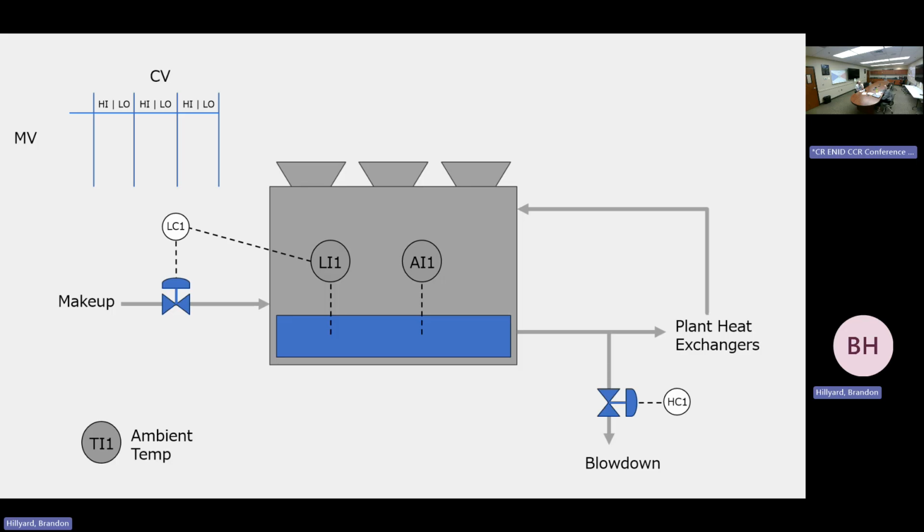Anyway, ambient temperature's on there. Ambient temperature, probably more of a feed forward because you can't control that. But you're right. So we've got AI1, LI1, LC1, HC1. So you identified, let's see.